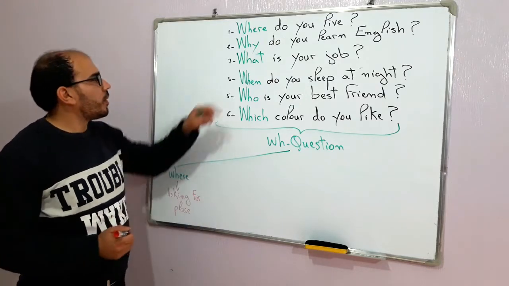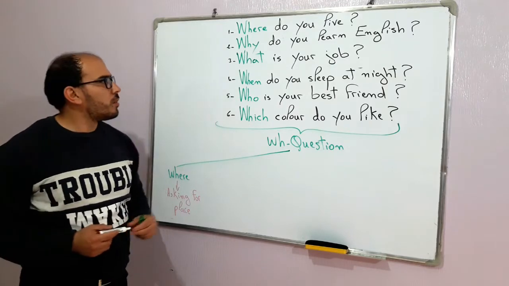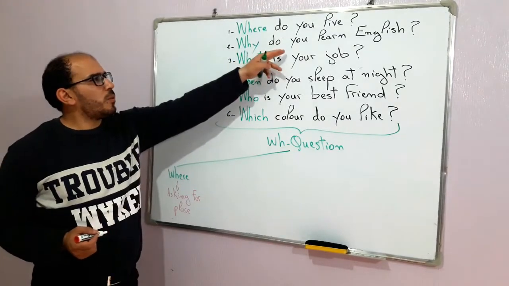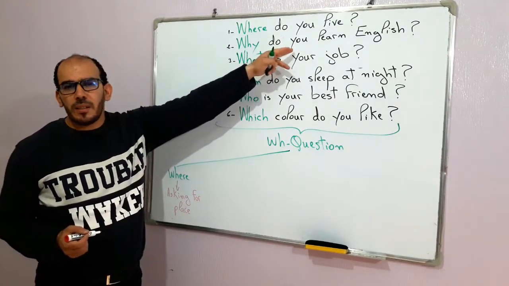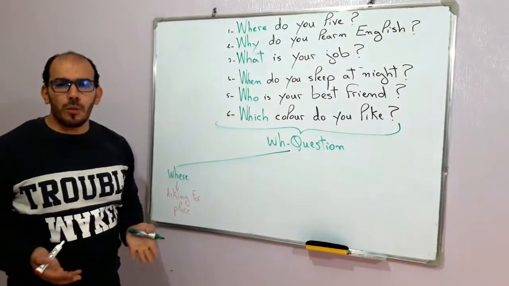And so on. Next, why do you learn English? So when I say why do you learn English, this means I am asking for the reason for which you learn English. The reason or the cause.